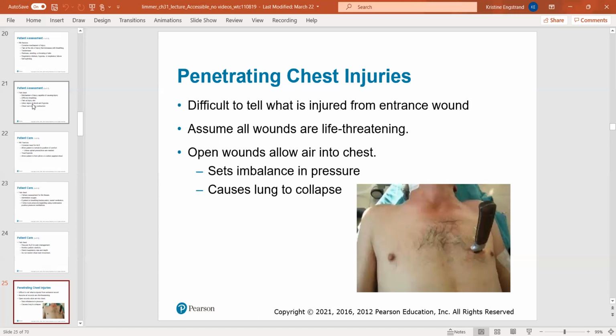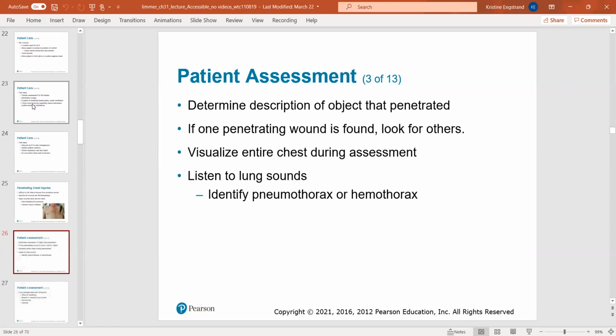As that air continues to get into the chest, if we don't shut that down, we are going to get pressure in the chest cavity. It's going to continue to build because it doesn't have a way to exit, and it's going to cause our lungs to eventually collapse. And then you're really going to have to call me because I'm going to have to do some decompressions to help you out.